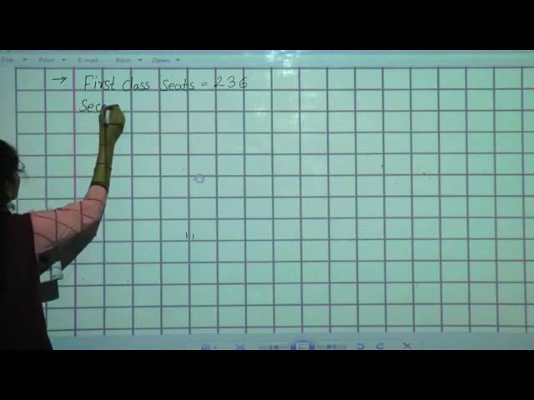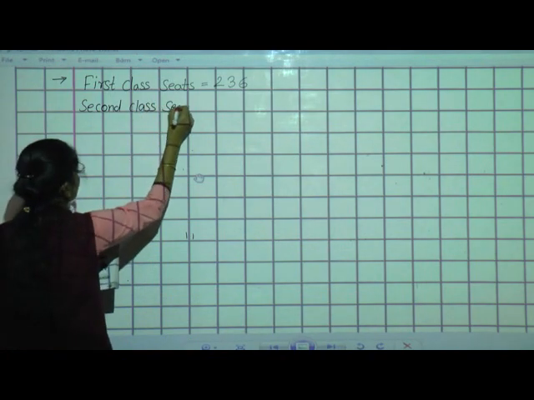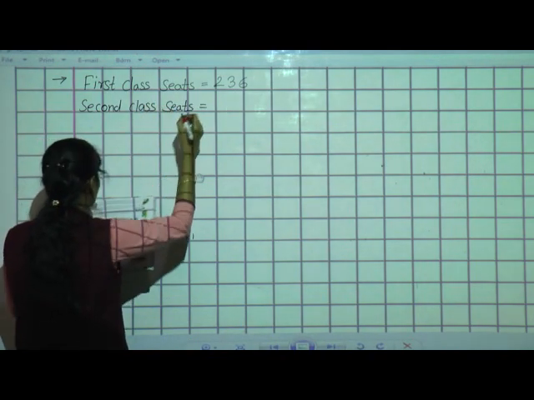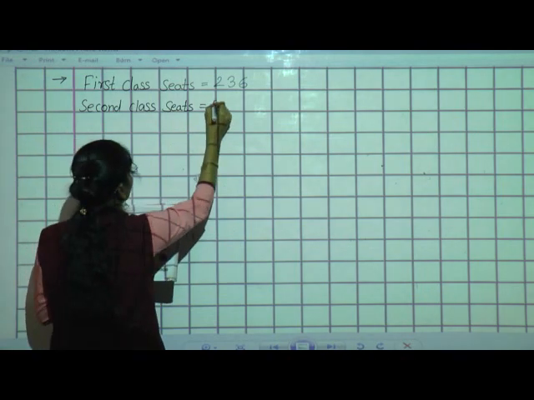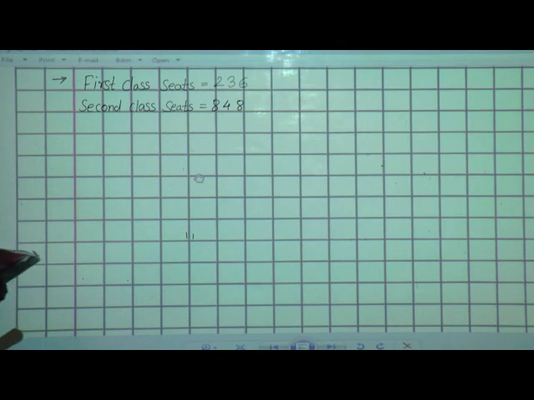So second class seats is equal to 848. What is the total number of seats in the train?